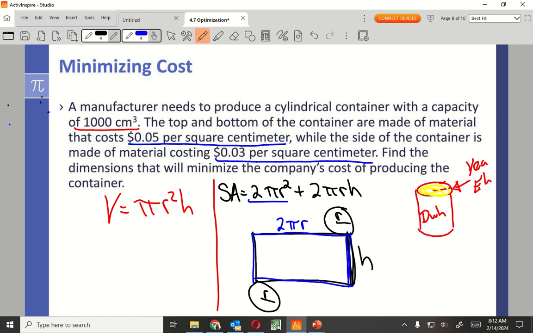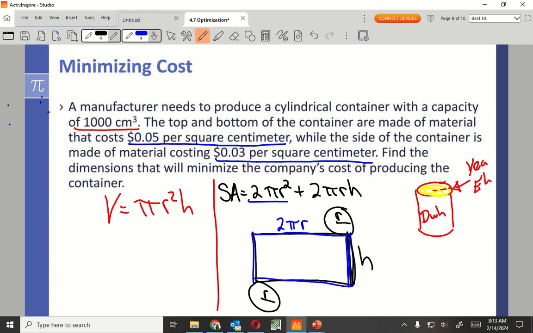Okay, so now we have to start plugging in information to go along with this. What am I optimizing here? Okay, I'm optimizing the cost, and is the cost based on the surface area or on my volume?